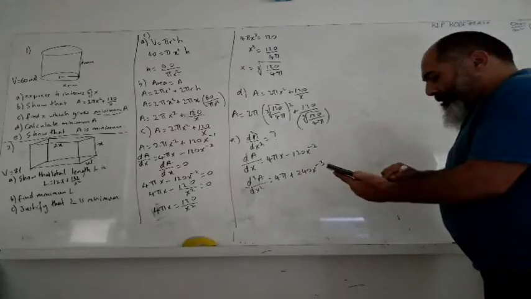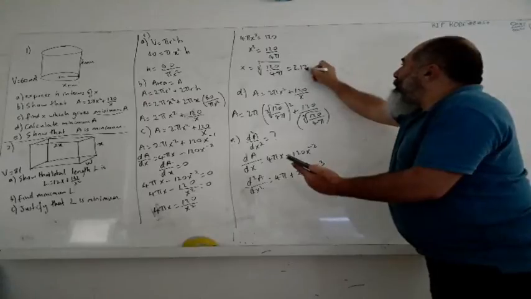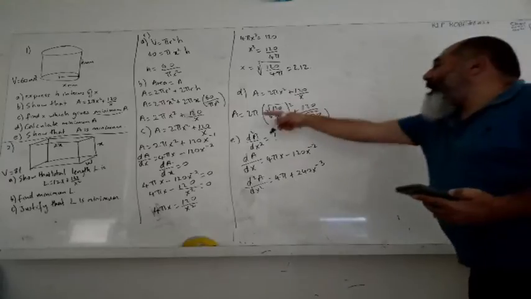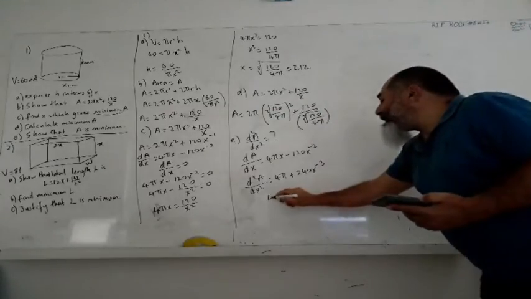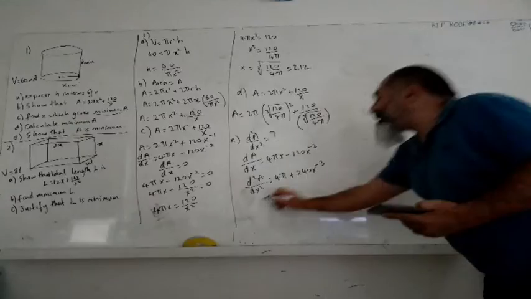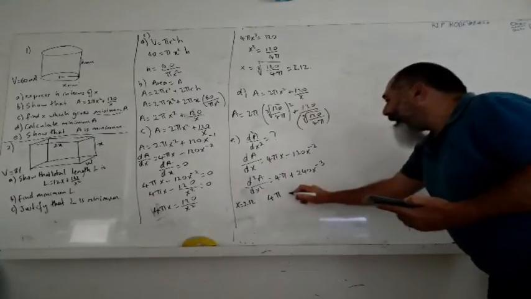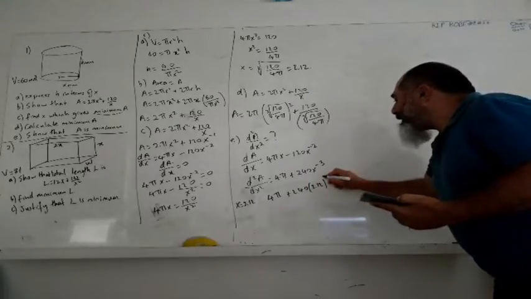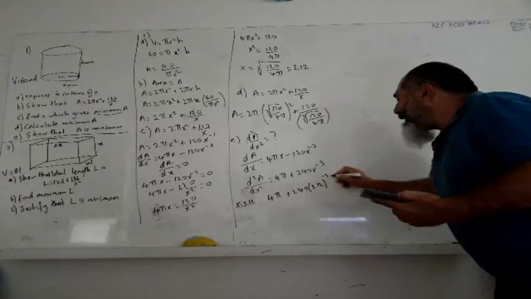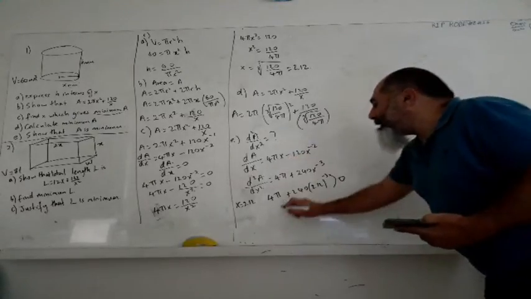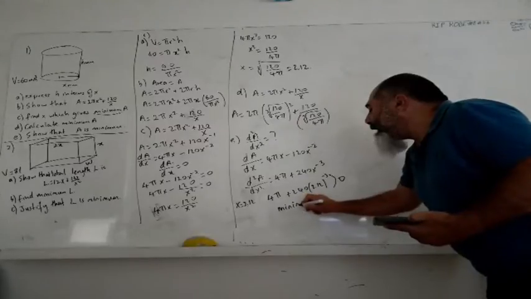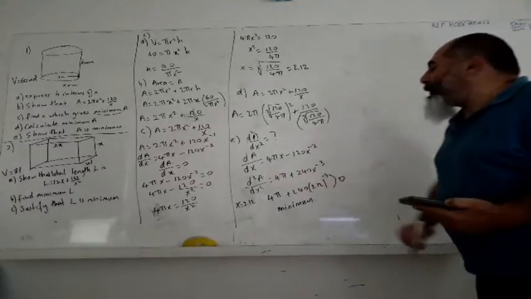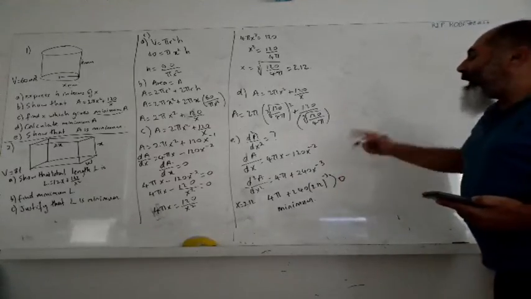I am giving the answer for the minimum to you. Then when we substitute the x value here, x value is 2.12. It is easy to see that this is greater than 0. If the second derivative is greater than 0 when we substitute the x value in it, it means it is the minimum. When it is less than 0, it is the maximum. This is the answer for question 1.